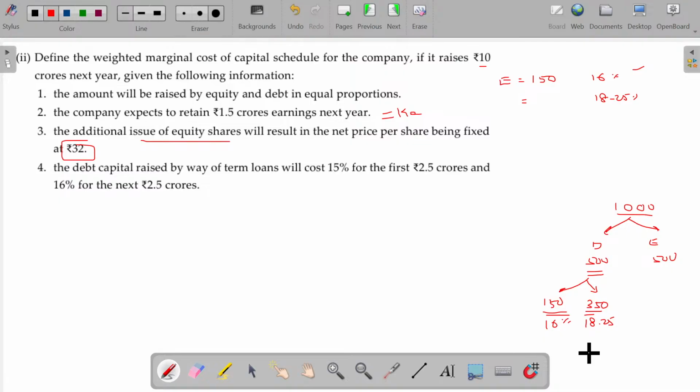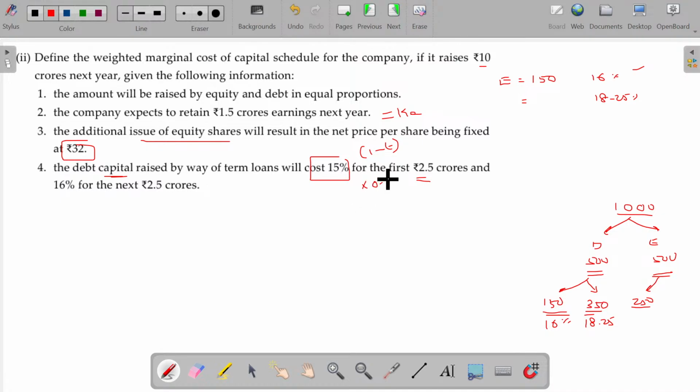Similarly, I have to raise fund for debt portion also. The debt capital raised by way of term loans will cost 15% for the first 2.5 crores and 16%. In that first 250 lakhs, it costs me 15. Always remember, you can take KD after tax, tax being 40%. So you can subtract the 40%.